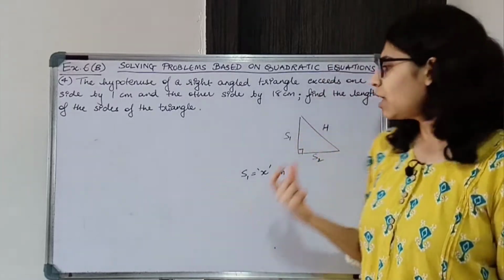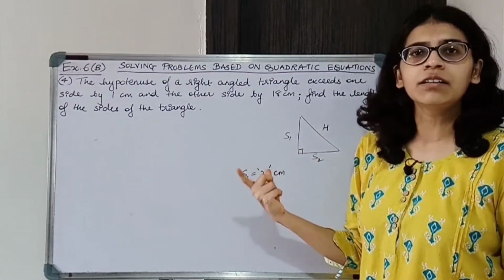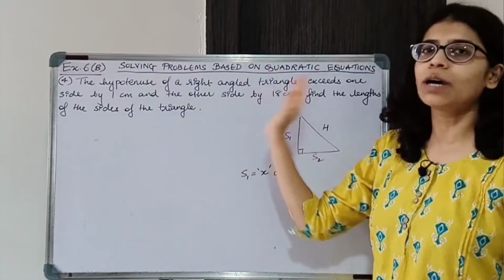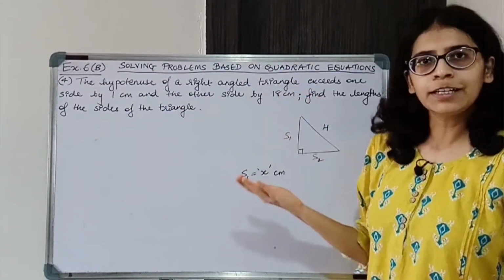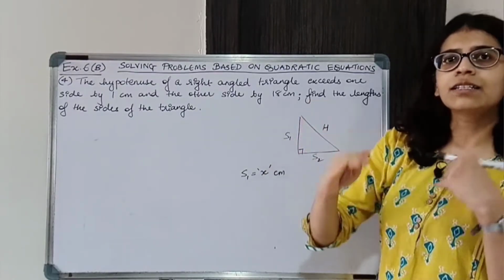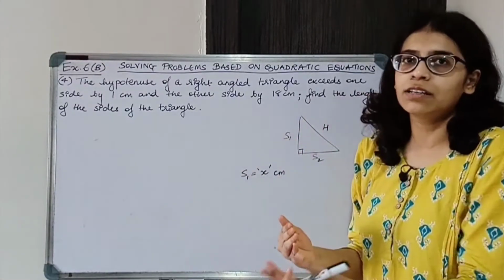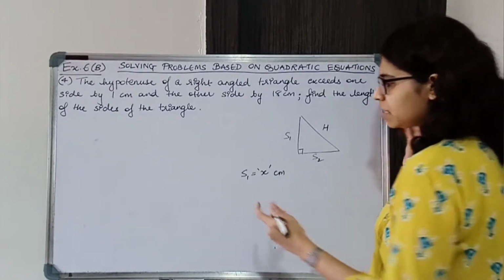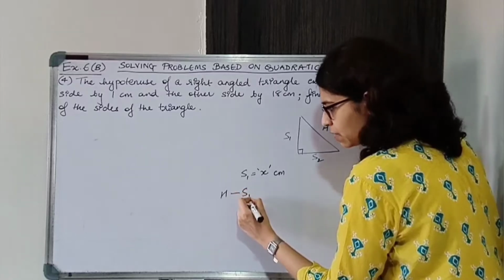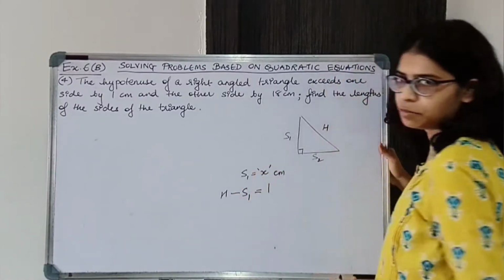So let's say that hypotenuse is exceeding S1 by 1 centimeter. Which side it is exceeding by 1 and which by 18 specifically is not given. So let's say it is exceeding S1, that is, it is more than S1 by 1 centimeter.